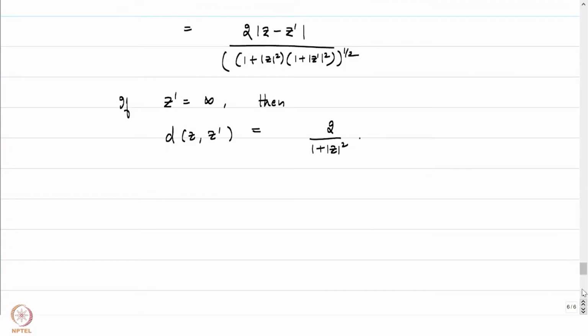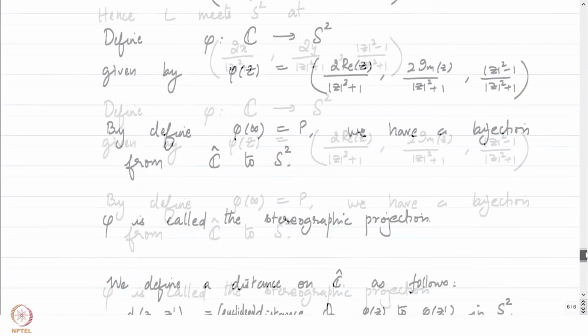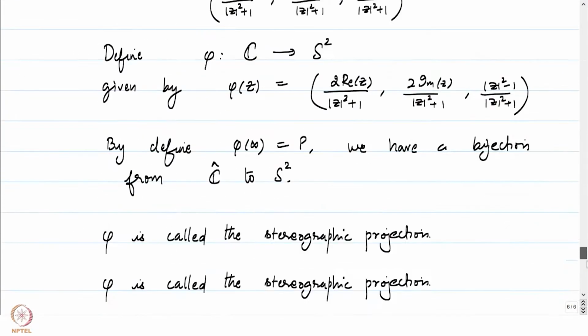So notice that with respect to this metric, the neighborhoods of the point at infinity will just turn out to be the complement of balls in the complex plane. So that's the topology you get on the one-point compactification, right? The neighborhood around infinity is going to be the same. So this is a good description to keep in mind of the extended complex plane.